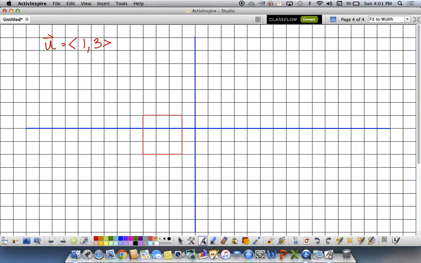There we go. We have a square that is QRST, and I want to translate it by the vector 1, 3. I actually don't want to do 1, 3 because that's not going to be nearly far enough. I'm going to translate it a little bit farther. Let's do it.